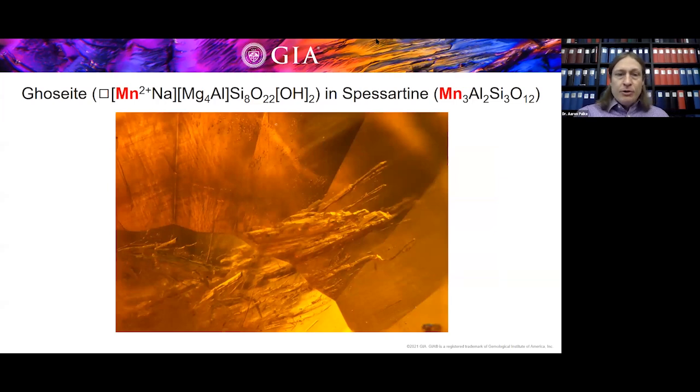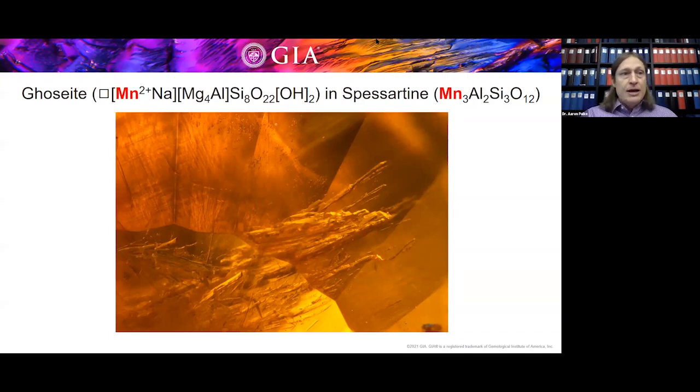This is an example of a manganese-rich garnet, a spessartine. Spessartine is the manganese-rich end member of the garnet series. You often get these beautiful, rich, vivid orange colors and these amazing Fanta-type orange spessartine garnets. This specific inclusion is a manganese-rich amphibole, and it was documented, I think, originally in the photo atlas by Gübelin and Koivula.